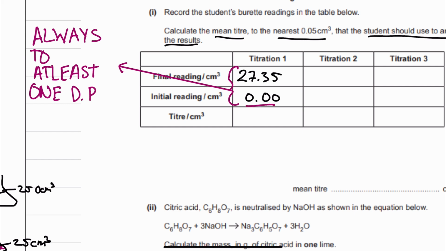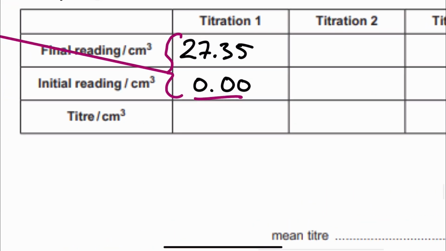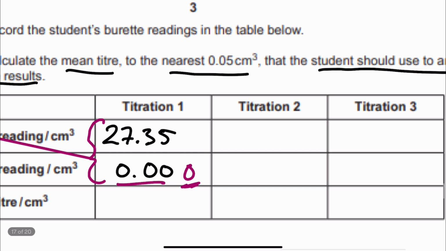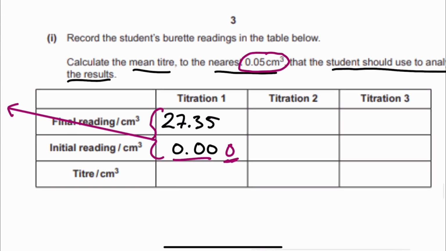Now you can see the 0.00 is the exact same as if we just wrote 0. We cannot get the marks just for this. We need to make sure that everything in all the columns are to the same number of decimal places. We know from the question that it's to the nearest 0.05. Therefore, we know that for this question, they want it to 2 decimal places. But at the minimum, it must be to 1 decimal place.